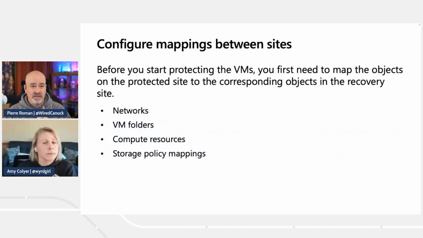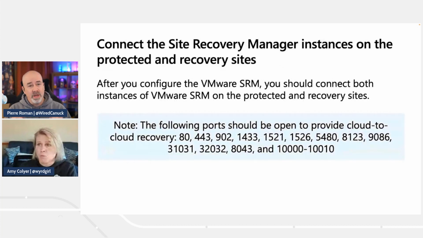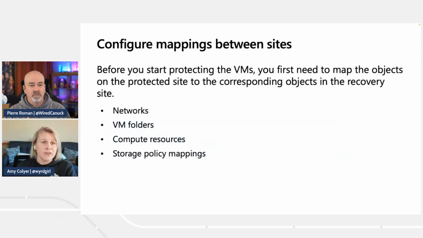And those ports, I assume, are between each of those primary and secondary sites, not open to the internet. Correct, cloud to cloud or on-prem to cloud. You need those ports so they can talk to each other and replicate properly and you can access everything.